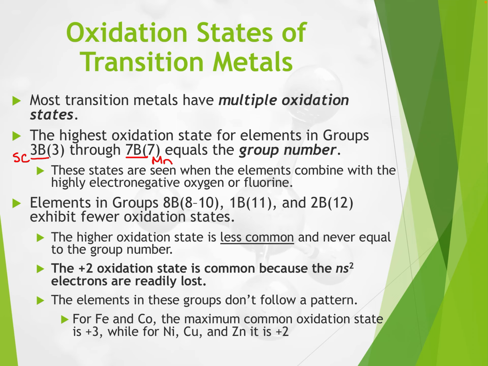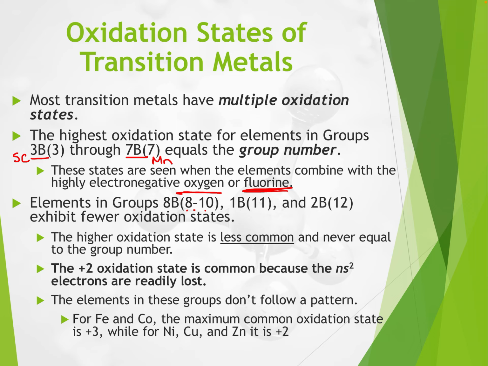This is typically seen when the metal is combining with something really, really electronegative, like oxygen or fluorine, and that's when we're seeing all of those electrons come off. If we're looking at groups 8B, and 8B is a little bit weird because it's groups 8, 9, and 10, so this would be iron, cobalt, and nickel if you're looking at that first row of the transition metals.